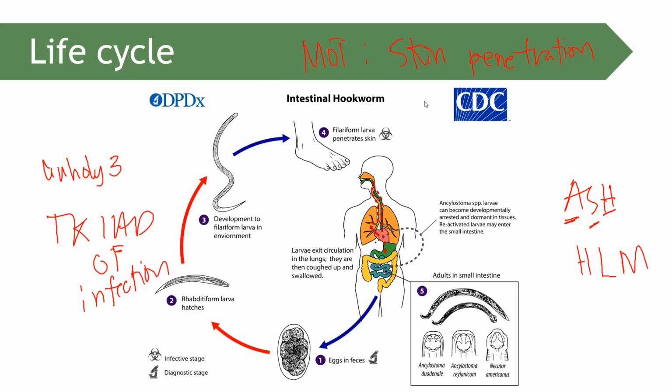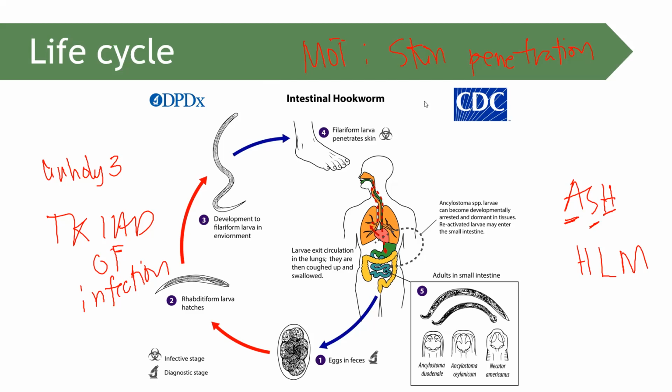Mamaya, pag-usapan natin yan. Now, kapag nagkaroon na ng sexual reproduction, magde-deposit ng egg ang ating hookworm that can be shed in the stool. That's why the egg can be seen in the stool of the human.